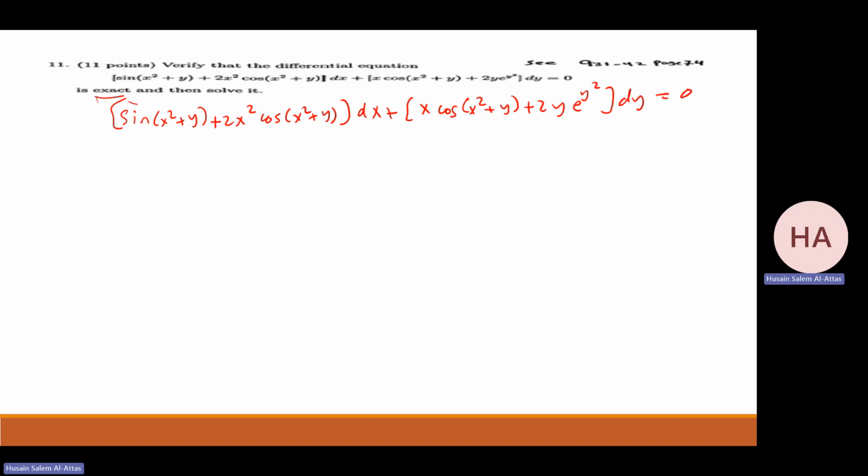Okay, first I check. This is m, this is n. So partial m with partial y, be careful with the calculation. I have y here. That will be cosine of x squared plus y. Derivative of this with respect to y gives me what? 1. So I just leave it.